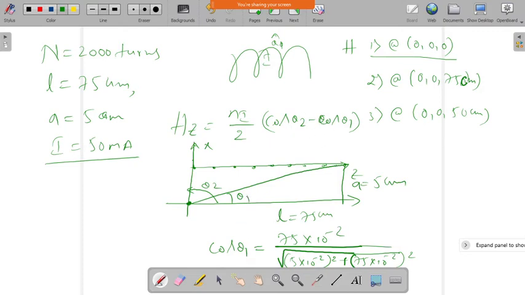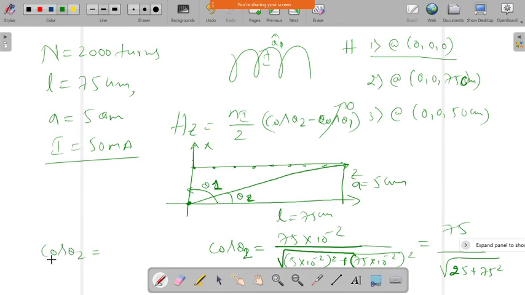Sorry, this is theta 2 we have taken now, so theta 1 will go to 0, and theta 2 we are finding like this. Since it is 10 power minus 4 here and 10 power minus 4 there, if I take it out it becomes 10 power minus 2 and this gets cancelled. You can directly write 75 by the square root of 25 plus 75 square. So you can find out the value of cos theta 2.